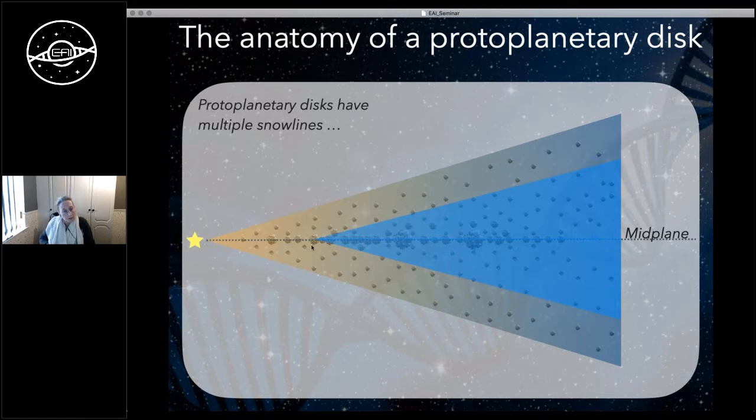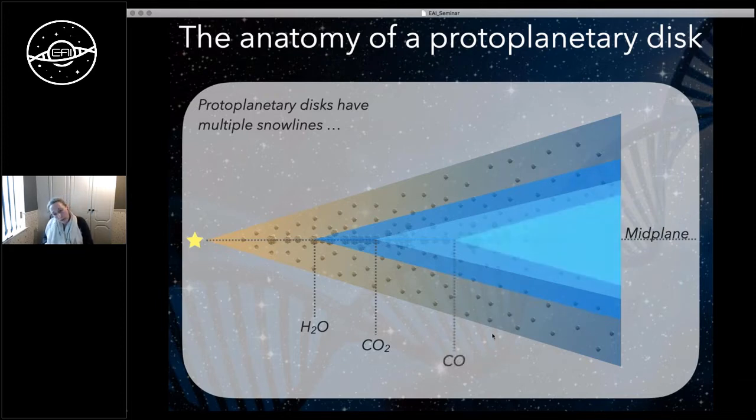So we don't just have this water snow line concept, this temperature boundary, where within it we have only rocky material available for planet formation, and outside of that we also have ices available for planet formation. As any of you that are astrochemists in the audience know, different molecules that are fairly common in the interstellar medium have different volatilities.